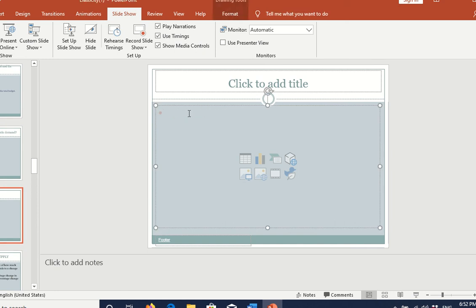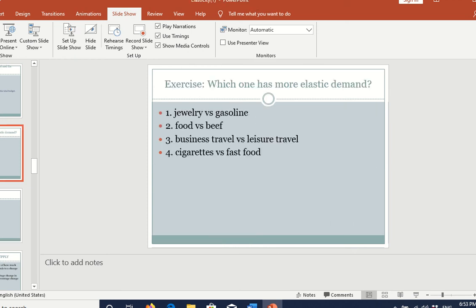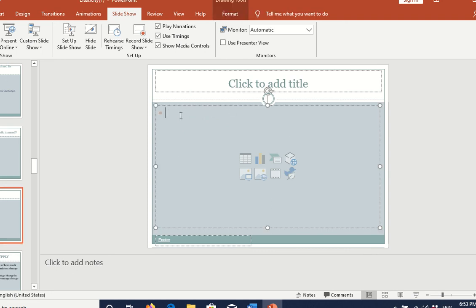Okay, so we'll look at that. So the first one, jewelry versus gasoline, right? Which one has more elastic demand? Many of you probably will pick jewelry, okay? Because it is a luxury, right?